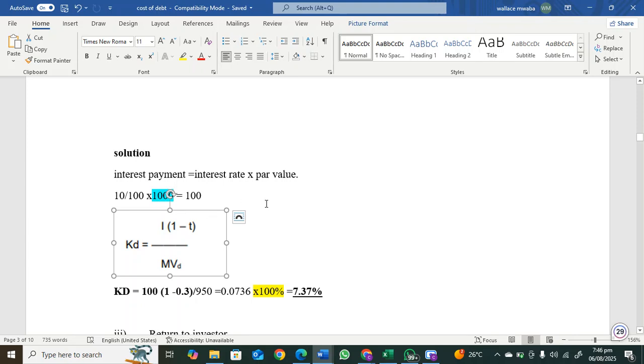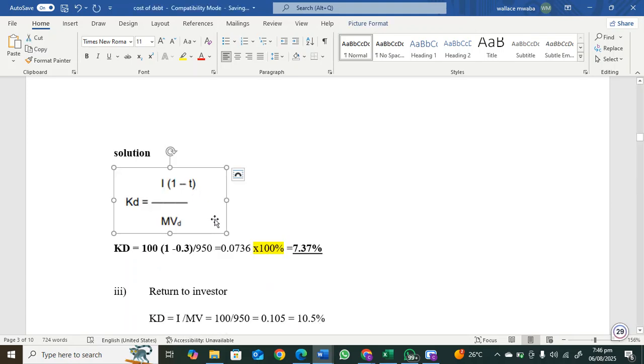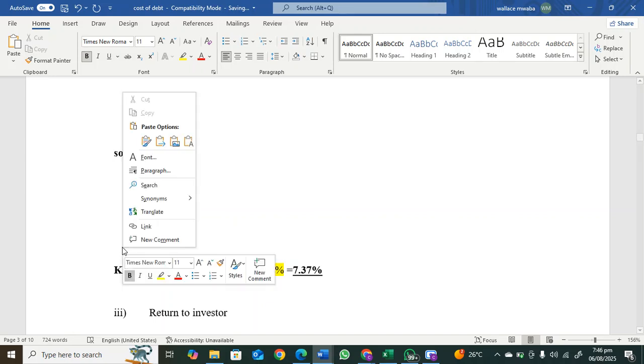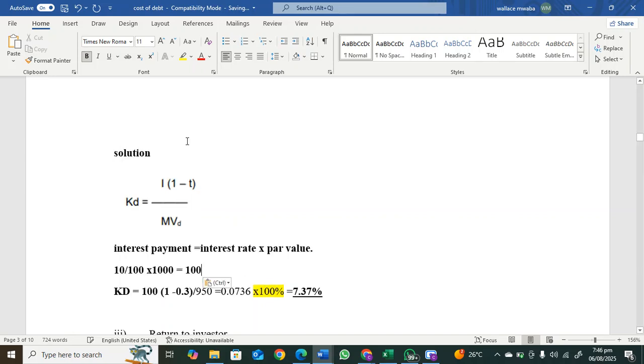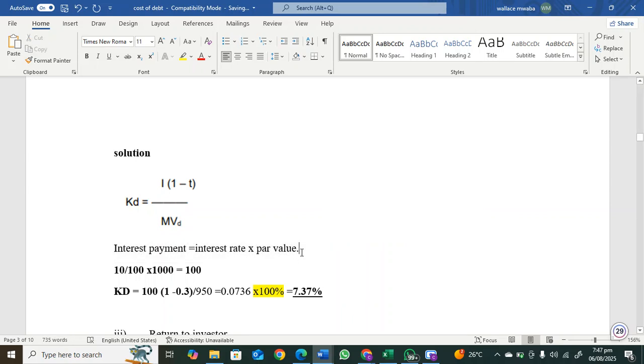Always with debt, the first step is calculating the interest payments. You can find out what interest payments this company has to give out. The interest payment is the interest rate times the par value, or nominal value.